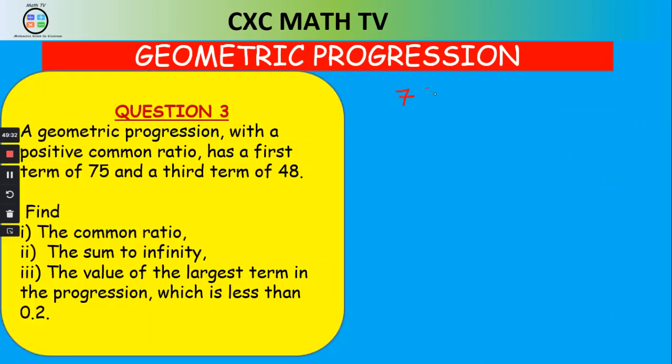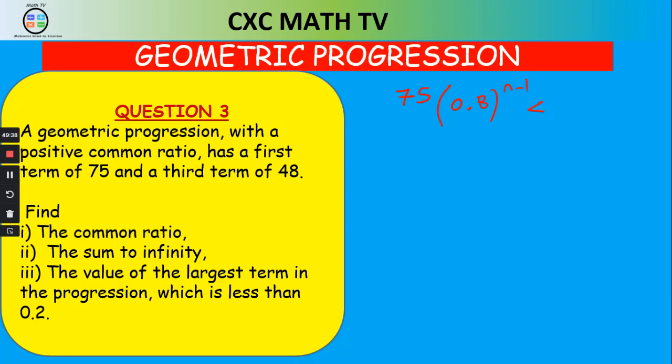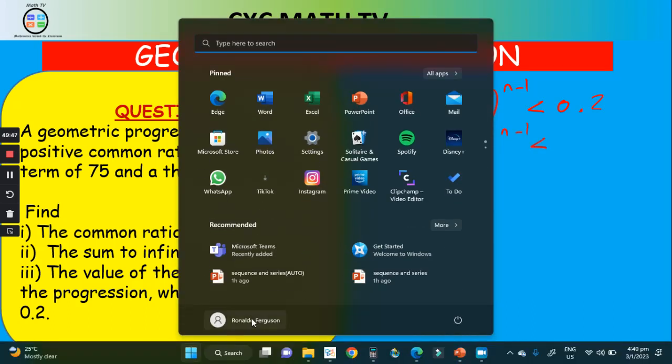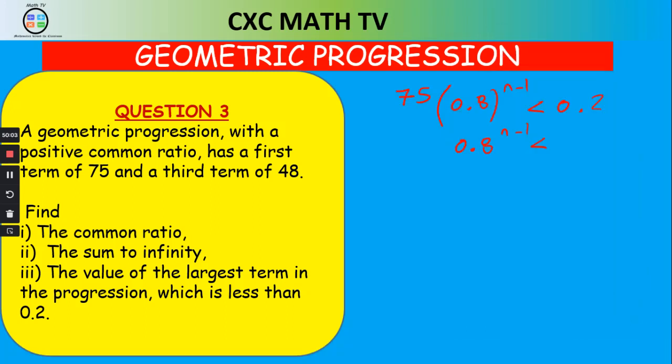But a is 75, r is 0.8, raised to the n minus 1 is less than 0.2. So now we can divide both sides by 75 to get 0.8 to the n minus 1 is less than 0.2 divided by 75, which is a very small number, 1 over 375.